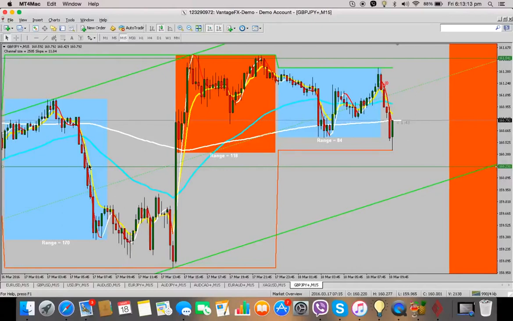Now, I'm looking at this: the first wave, second wave, third wave, and this is the fourth wave. Once this green candle completes, I now have, to a large degree, confidence and awareness that this market may potentially move up to somewhere around this point here, and that will complete the fourth wave.